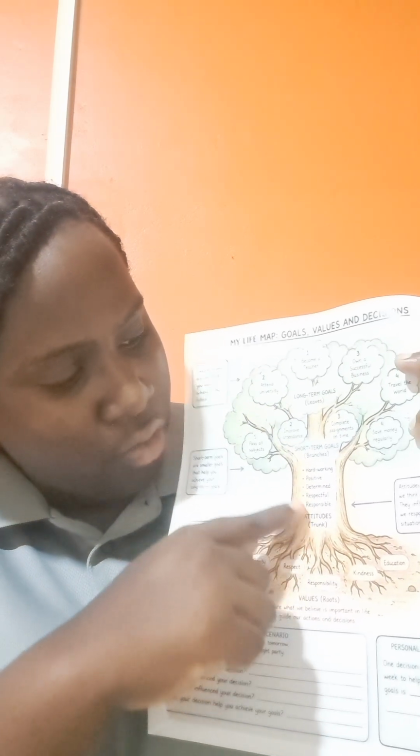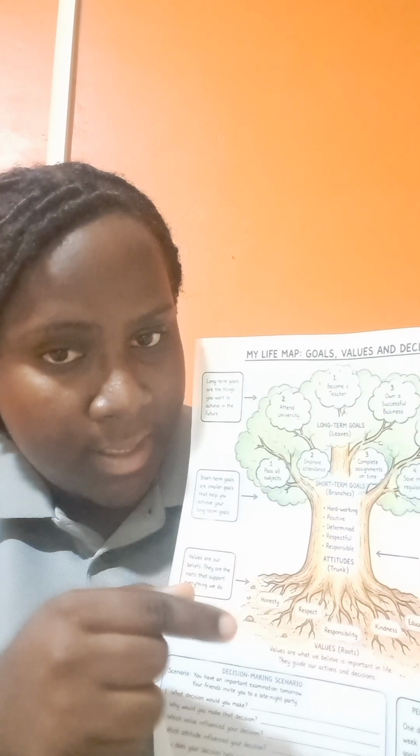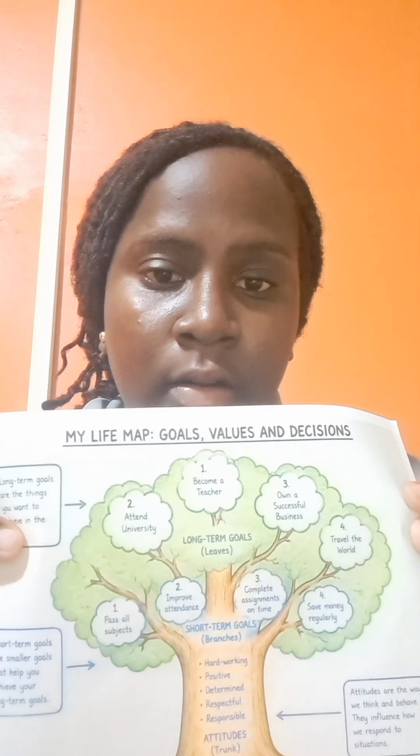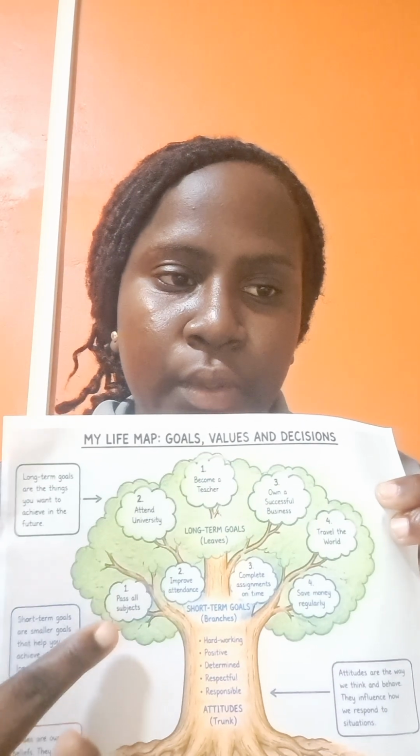Then at the trunk of the tree, they will list their attitudes, whether they are respectful, whether they're hardworking, whatever their attitude is, they're going to list it here. Then at the branches of the tree, they're going to list their short-term goals. And at the leaves of the tree, they're going to list their long-term goals.